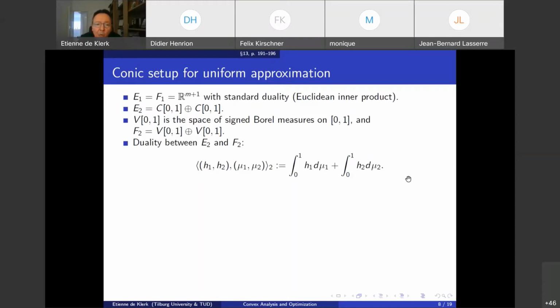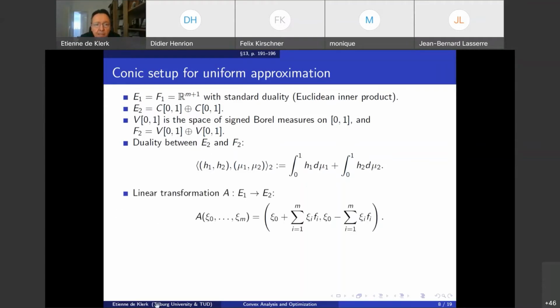Again, one has to of course verify that this is indeed a duality, but this is a straightforward exercise. Then we also have a linear transformation that maps E1 to E2. Let's check: it must map R^(m+1) to this space C plus C.